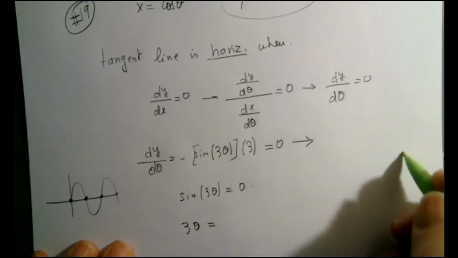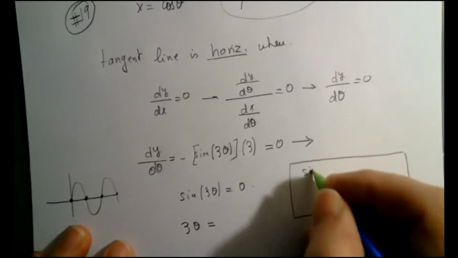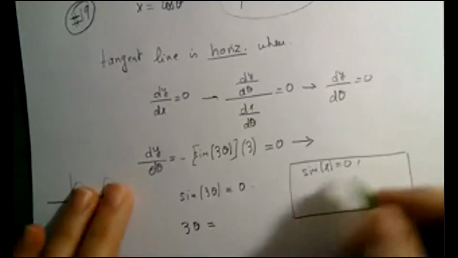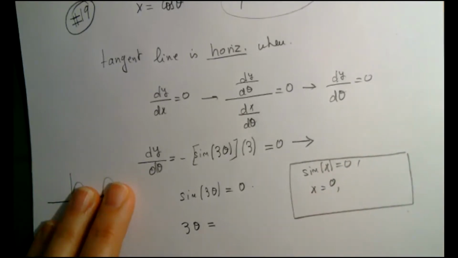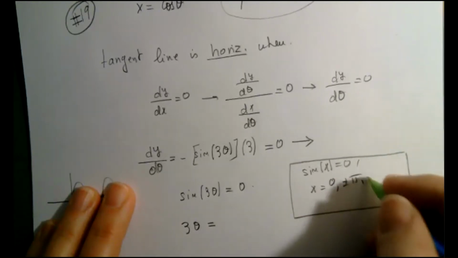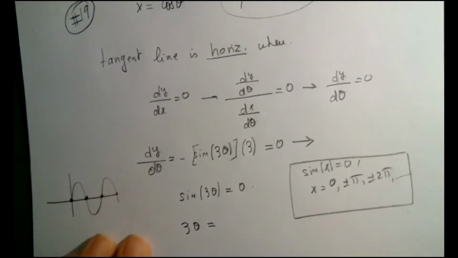Let us here remember sine x equal to 0. When is the sine x equal to 0? When x is 0, plus or minus pi, plus or minus 2 pi, and so on.